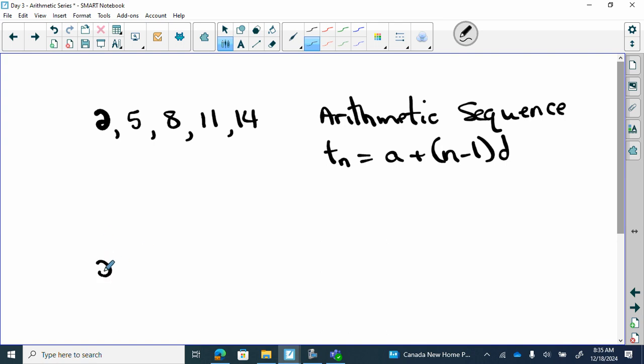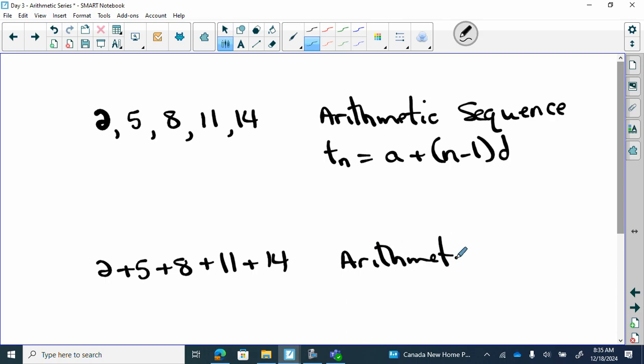Now, the difference between a sequence and a series is the commas become what? Addition symbols, plus signs. So this is an arithmetic series.